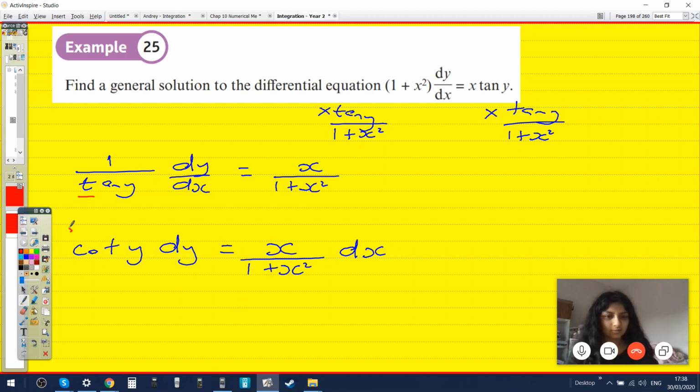And next, you integrate both sides. So it is the integral of cot y with respect to y and the integral of the x's with respect to x. I don't know what the integral of cot y is. Are you going to make me look it up? You look it up. Is it something to do with sec x?